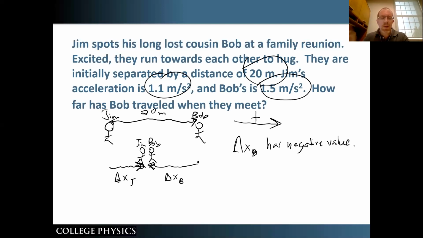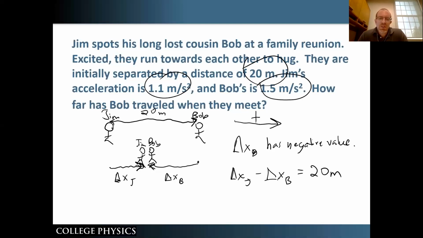So what we would think is that the distance Jim travels plus the distance Bob travels has to total 20 meters so they can meet. And that's absolutely right. On the other hand, if we talk about displacement and realize that Bob's displacement, delta x sub b, is negative, that effectively means Jim's displacement minus Bob's displacement is going to total 20 meters.